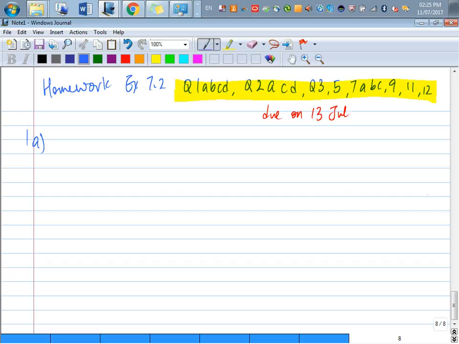Please take note. Question 1, the unit of length is centimeters. So 1A, area equals half times 2 times 3 times sine 40 degrees. You can do exactly what I'm doing as presentation.